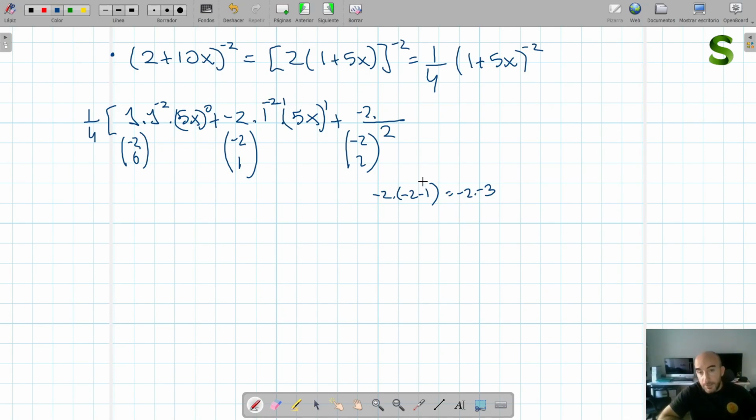Okay? And as I said, 2 terms. So that's going to be plus, well, I'm going to write minus 3 here. Okay? Times 1 to the power of minus 2 minus 2 times 5x to the power of 2 plus, and the last one, minus 2 over 3, which is going to be 3 factorial on the bottom, which is 6, minus 2 times minus 3 times minus 2 plus minus 2, which is minus 4.